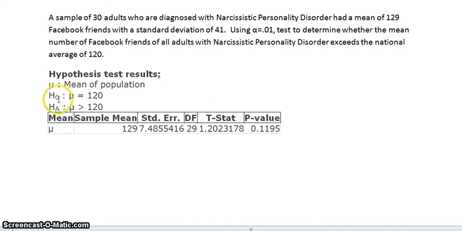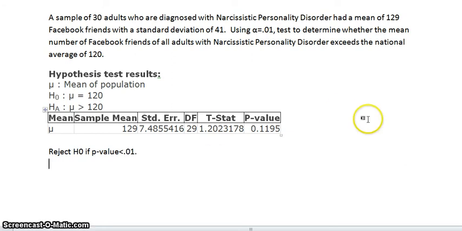And so here we have our hypotheses, which you always have to write. We have our test statistic and p-value, and then we need to reject H naught if p-value is less than, in this problem, 0.01.